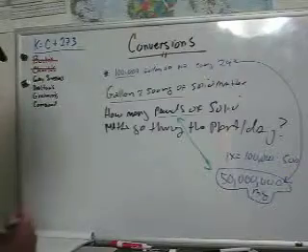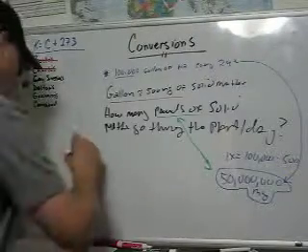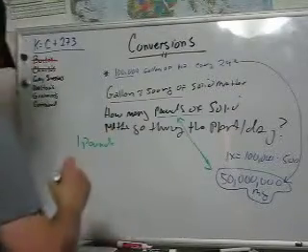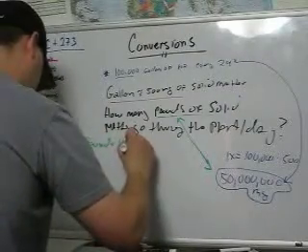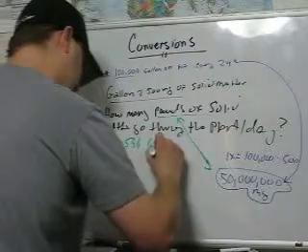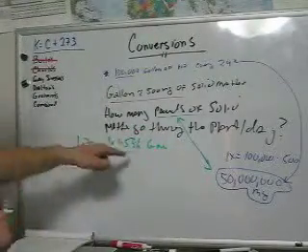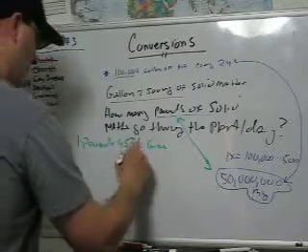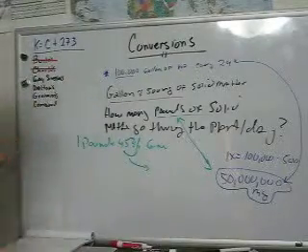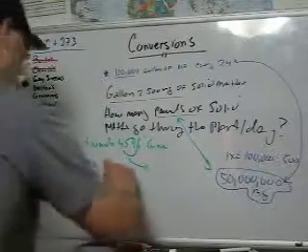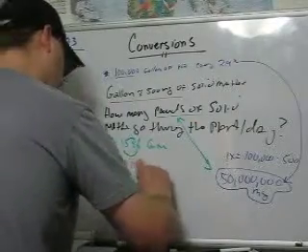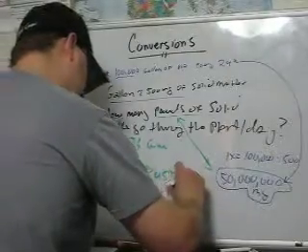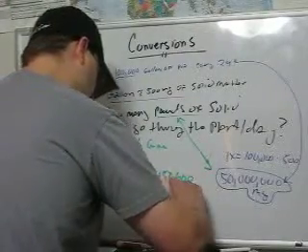So in that case, we know that 1 pound equals 453.6 grams. But is that what we want? No, we want milligrams. And we know that 1 gram is 1,000 milligrams, so 1 pound is going to equal 453,600 milligrams.